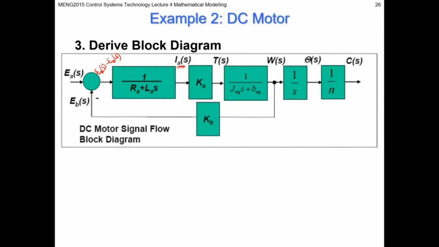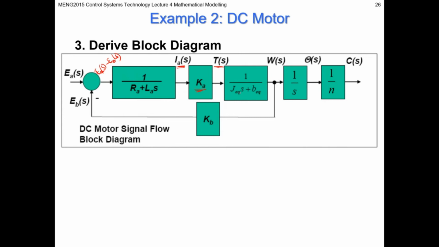Then we also found out from the Laplace transforms that our torque, the overall torque generated by the motor, is the current times the motor torque constant, Ka. So basically we're just taking the current, multiplying it by Ka, that gives us our torque. And then the torque applies to the mechanical aspect of the system.